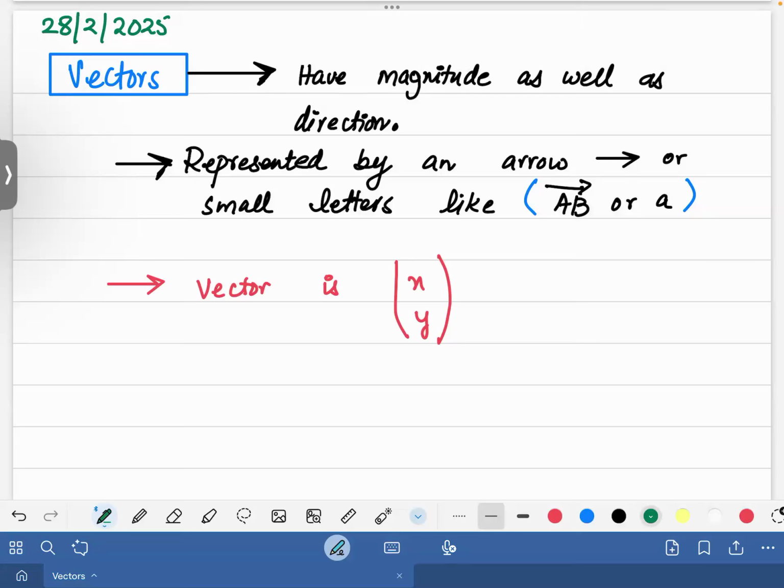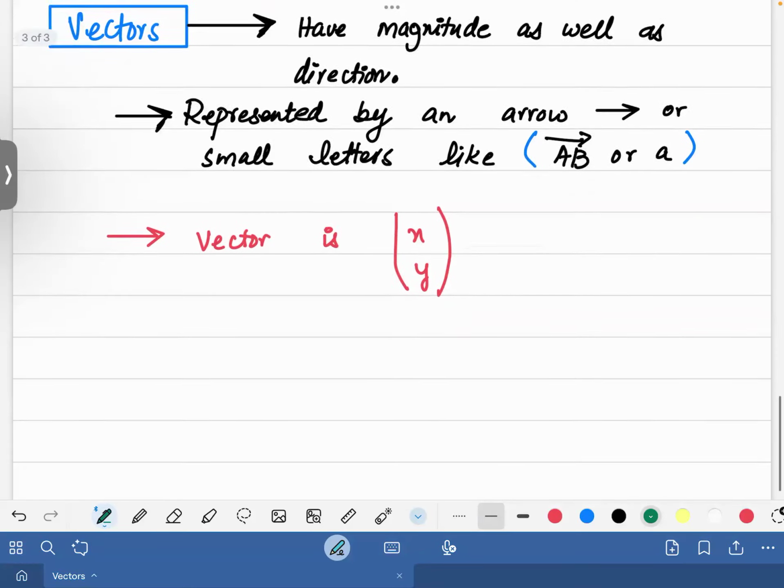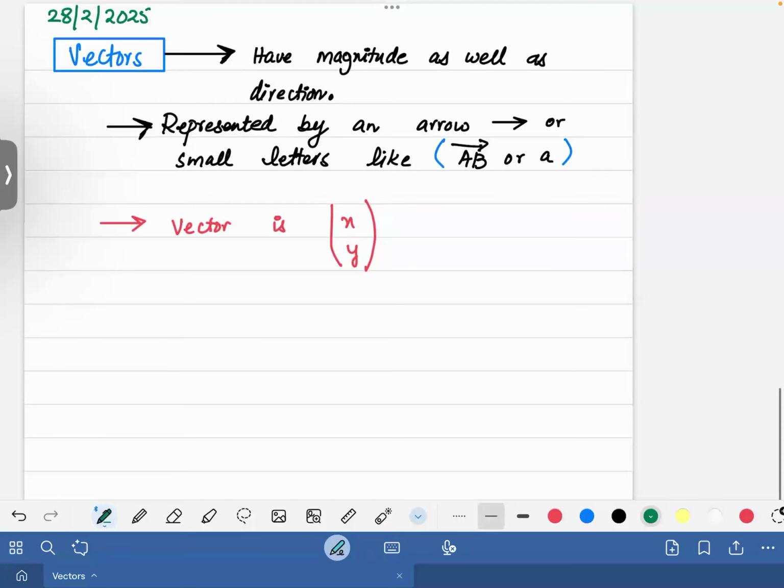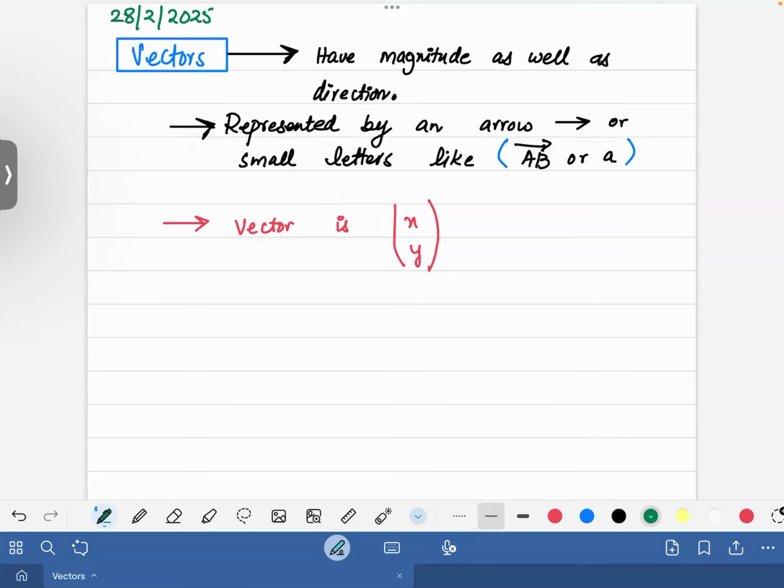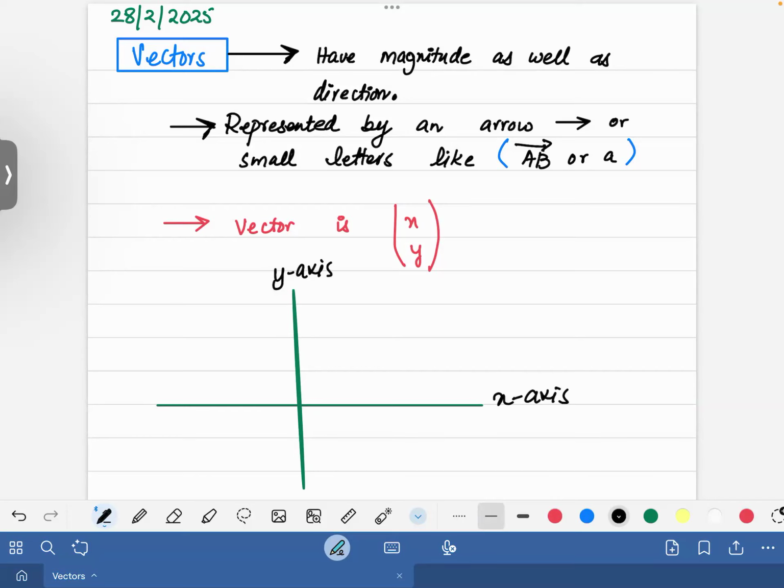Remember, it's not a fraction. Don't put a line below x. Then what is xy? We know that xy means the x-axis and y-axis. This is the x-axis, and this is the y-axis.